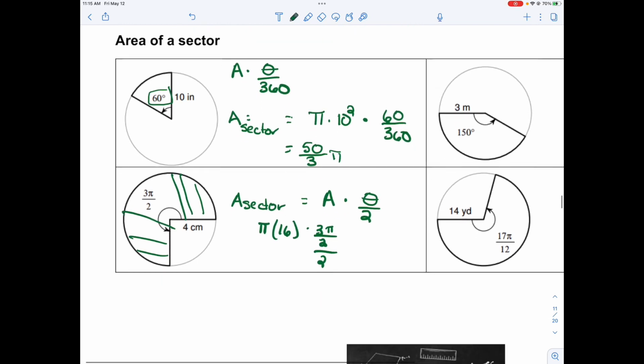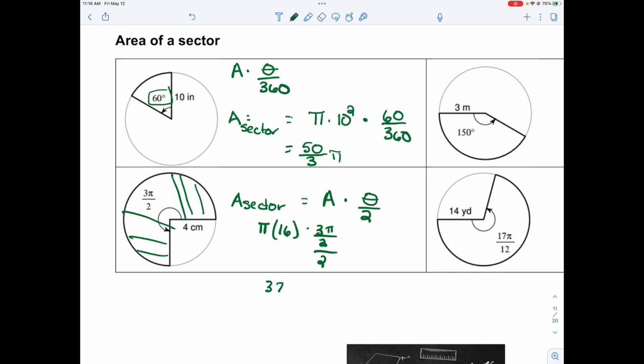This time we are going to put pi in our calculator. 16 times 3 pi over 2, and then we're going to divide that by 2, and we get an ugly number.